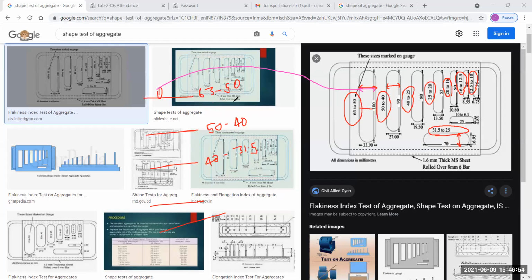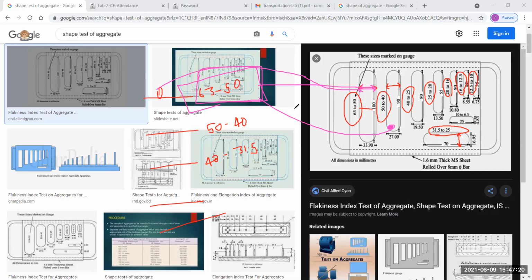You do not pass the fraction of aggregate which is written on 63 to 50 through the 50 to 40 slot. This is the mandatory point: you have to only pass that aggregate which passes through 63 and is retained on 50. You pass that 200 aggregate only through the 63 to 50 slots.